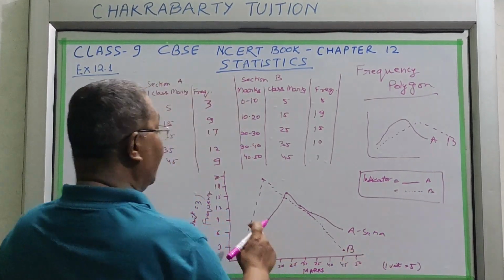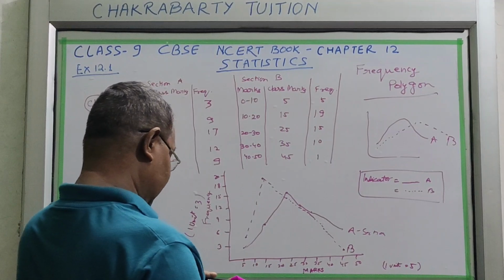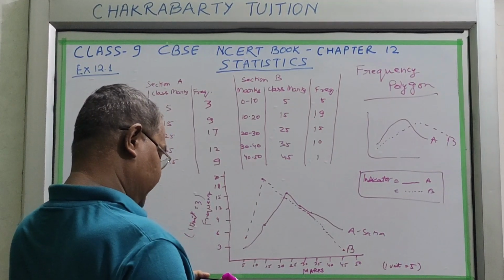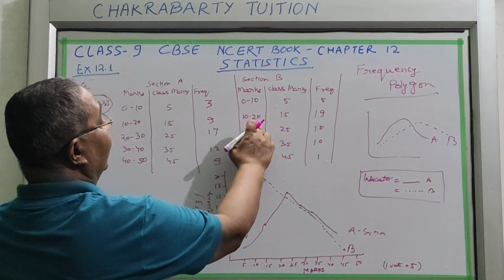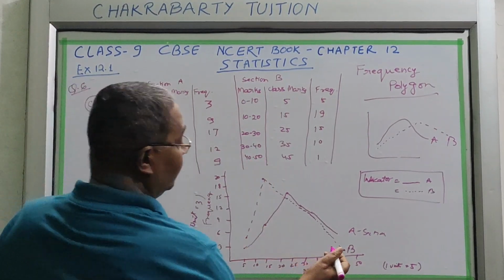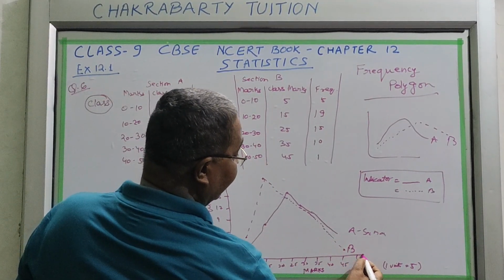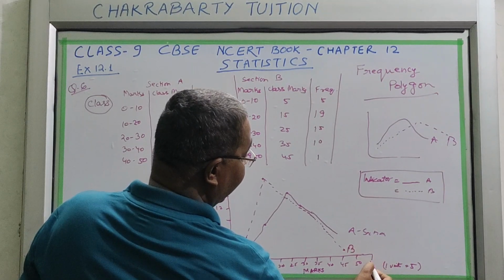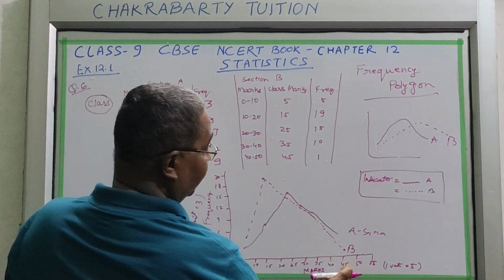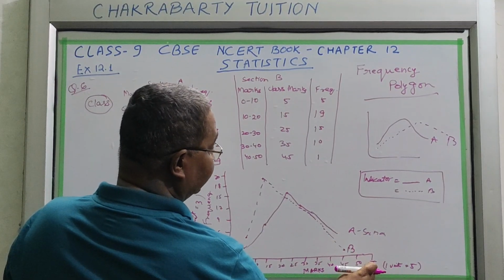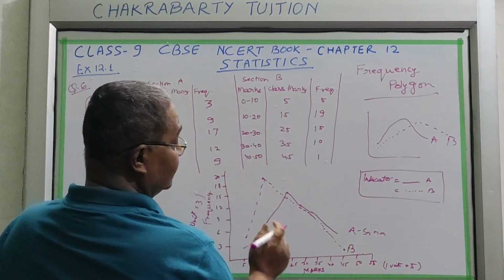Now the question is the polygon and to compare. Here the class interval is of 10. 45 is the last, but we will finish the line at 55 because our interval is of 10.